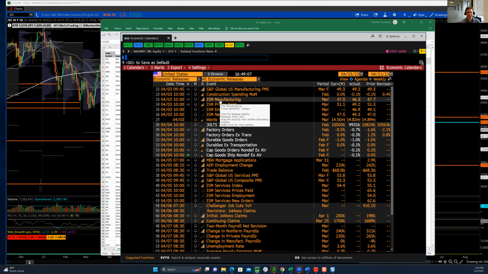So ISM is a little bit more forward-looking. Stock prices are more forward-looking too. ISM manufacturing, anything above 50 is expansionary. Anything below 50 is contraction, and it's indicating that we've got some contraction going on, and this was lighter than expected. This was yesterday's data, by the way.